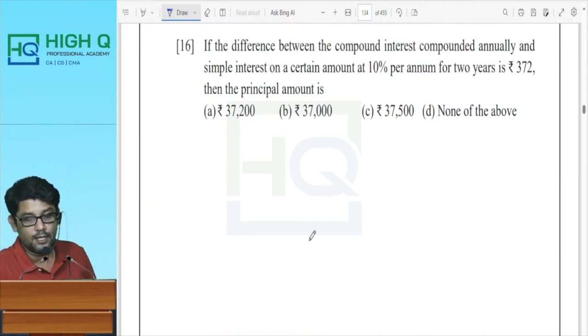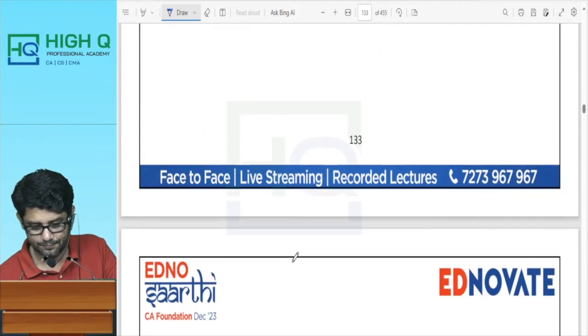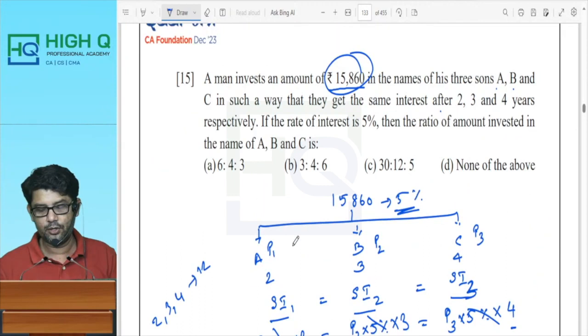Option method means you use 6 is to 4 is to 3.